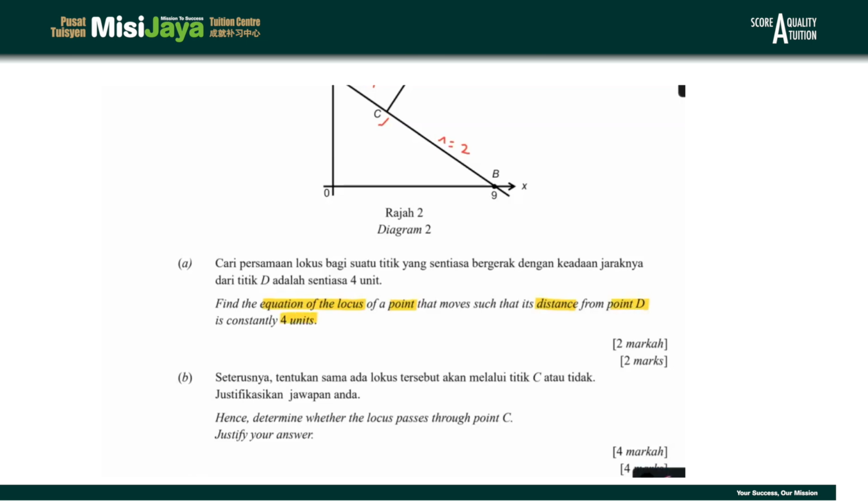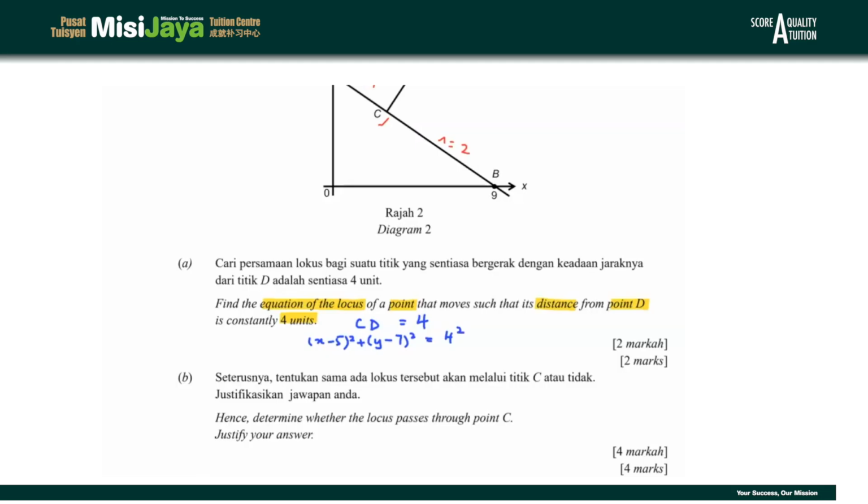Let's say the point of the locus is C, so CD equals 4 units. From here, you need to use the distance formula, which is x minus 5 whole thing squared plus y minus 7 whole thing squared, all under a square root. You bring the square root over to the right side, it becomes 4 squared.